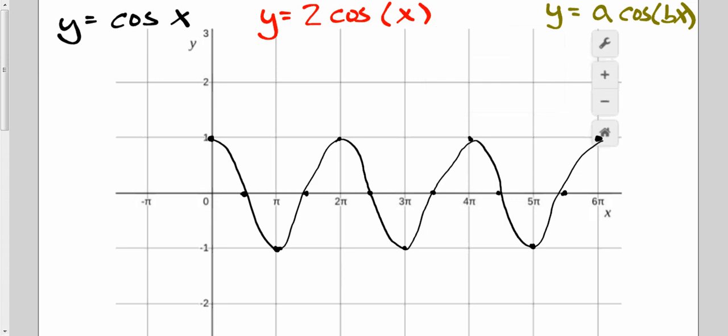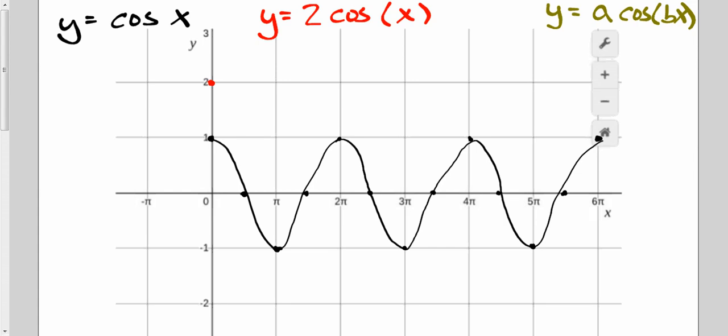So let's figure out what the red graph looks like. If I'm just taking my black graph and multiplying it by 2 at every point, well, when x equals 0, my black graph equals 1, and I multiply that by 2, I should get 2 right here. So that's going to be my first point, 0, 2.